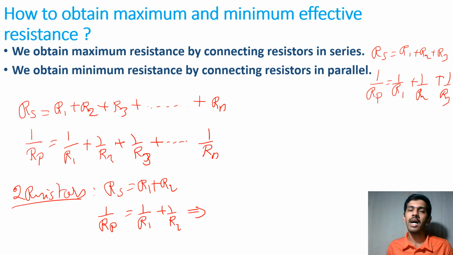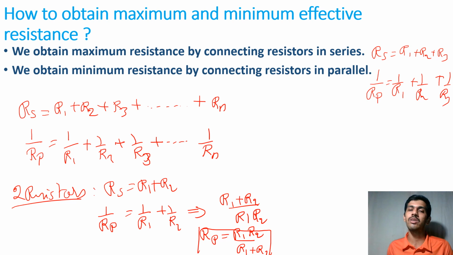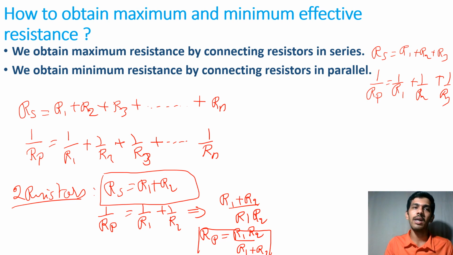That is R1 plus R2 divided by R1 R2, but it is 1 by Rp on the left side. So Rp is equal to the reciprocal of this, R1 R2 divided by R1 plus R2, if there are two resistors. And if there are two resistors, the series combination is Rs equal to R1 plus R2.